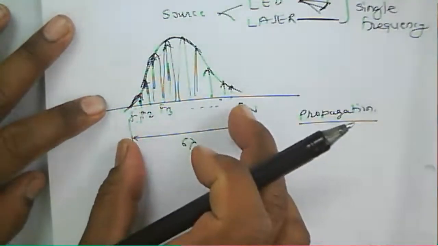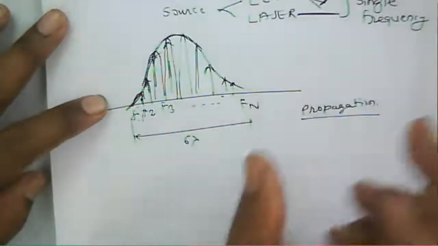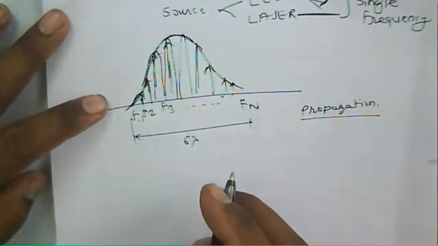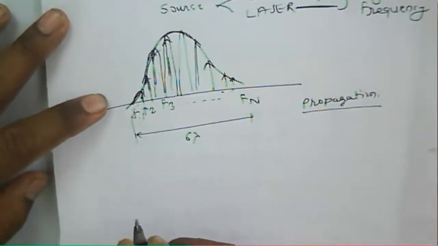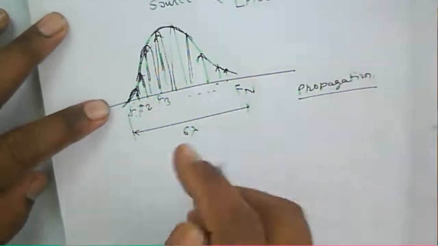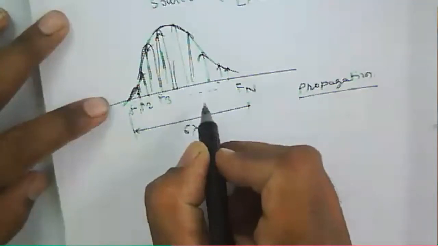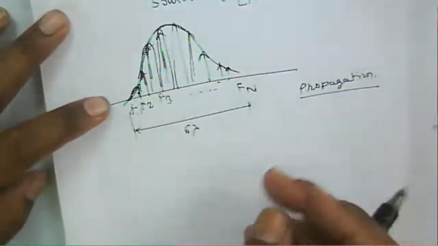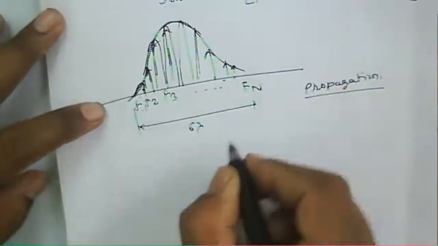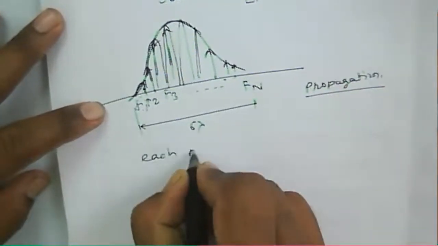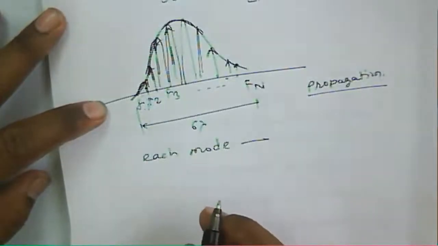And that is called dispersion. So we can say that for pulse broadening of each transmitted mode, each mode has the dispersion. That's why it is called intramodal dispersion.